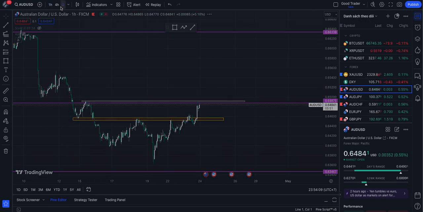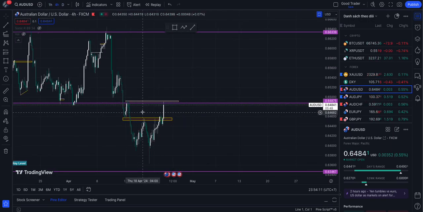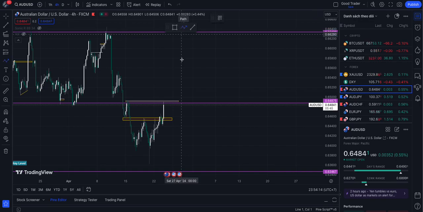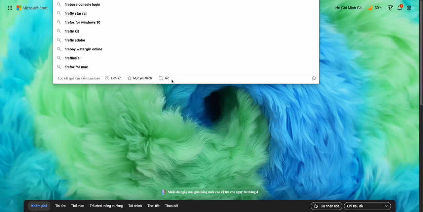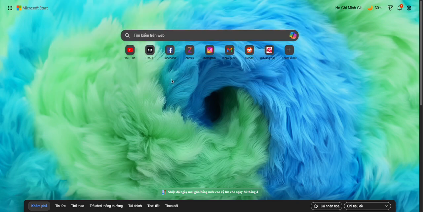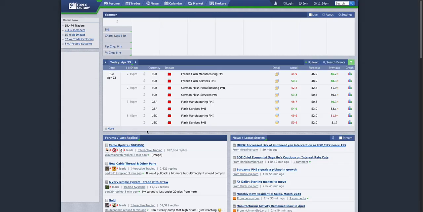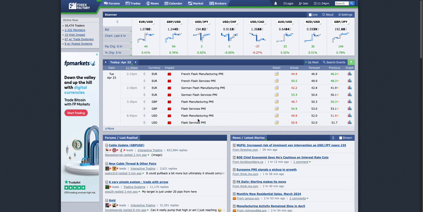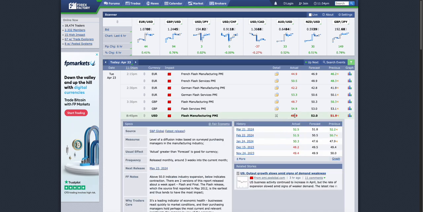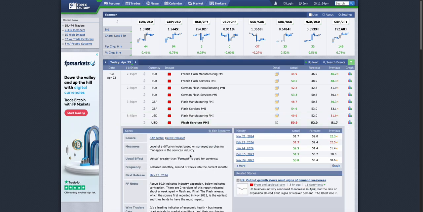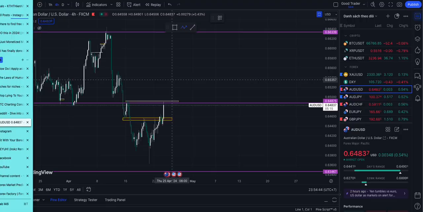For the next pair, I am expecting, after the price has moved, so let me check the fundamental analysis for the dollar. There is bad news for the dollar because the numbers are lower than the forecast.